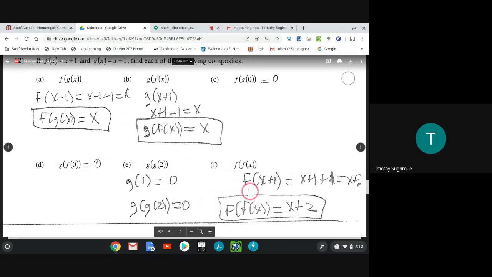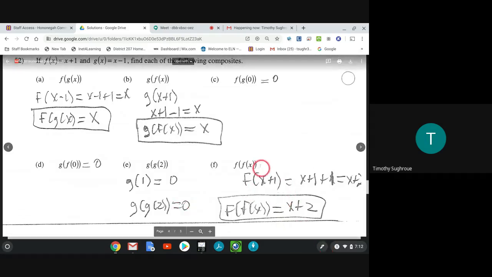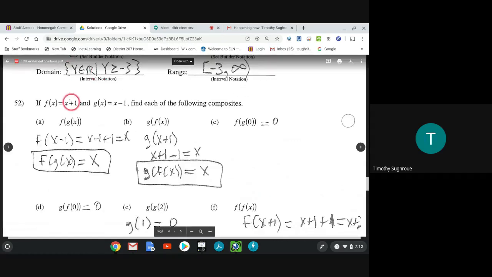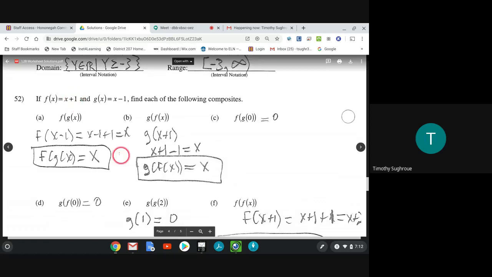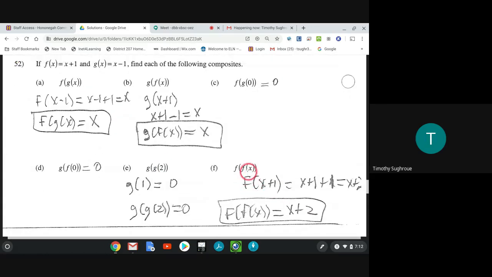What about here? f of f of x. Take x, plug it into the f function. If x comes in, x plus 1 comes out. That output is now the input into the f function. x plus 1 is now the new input into f.